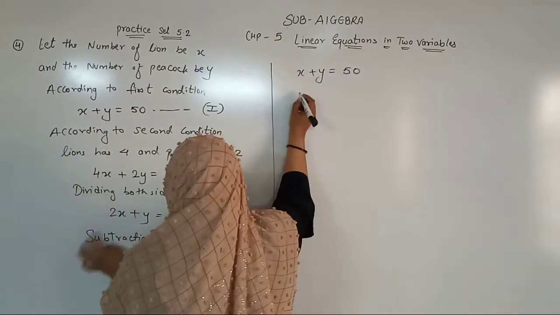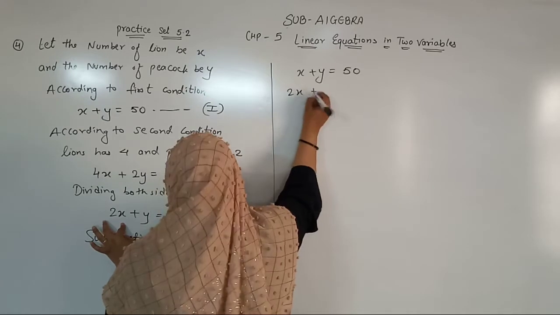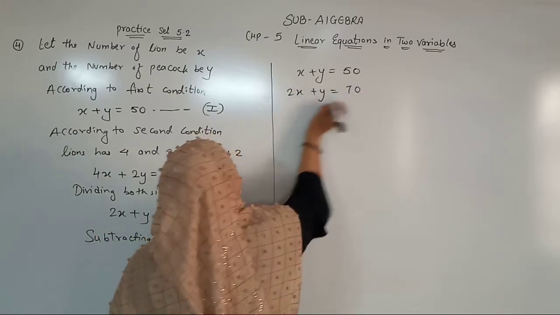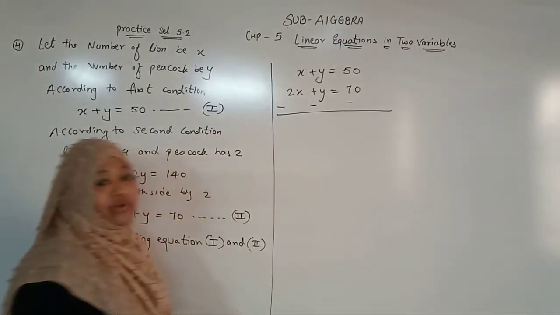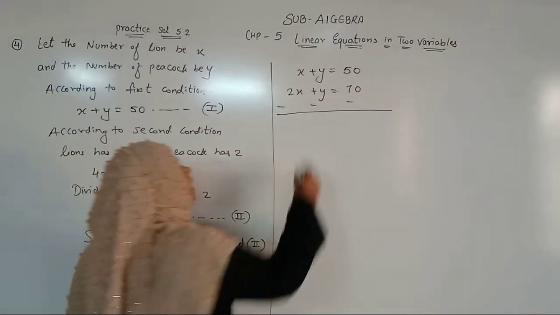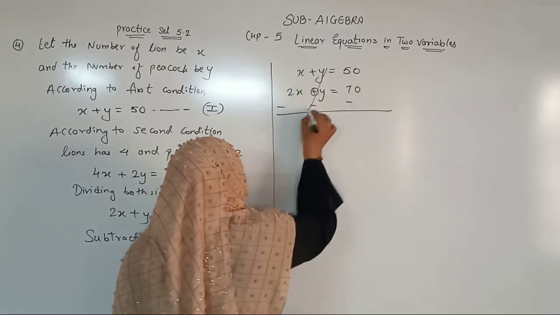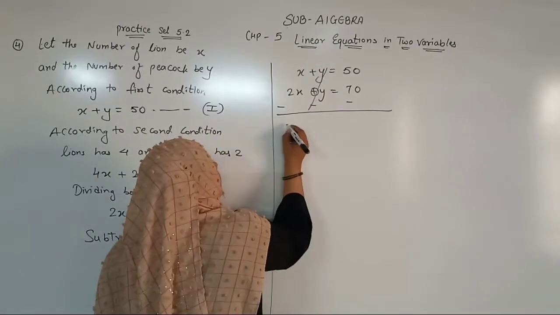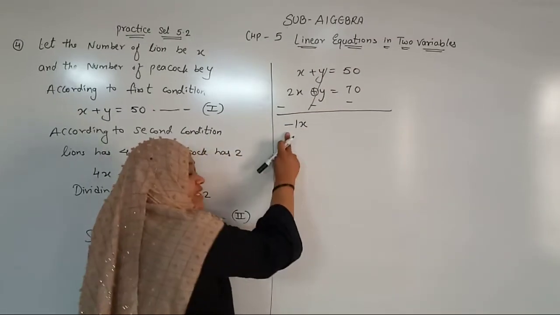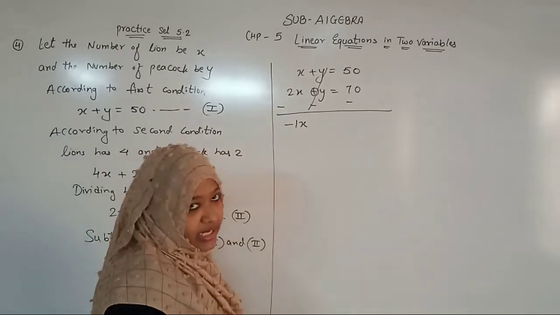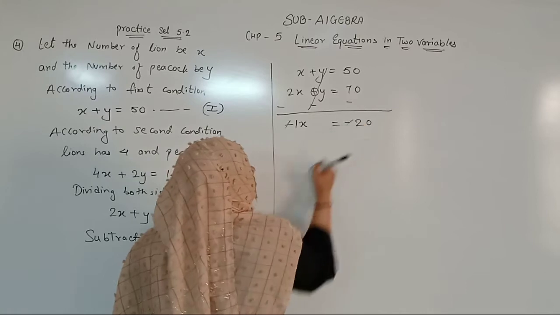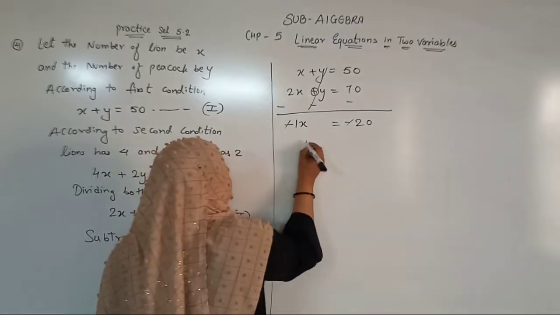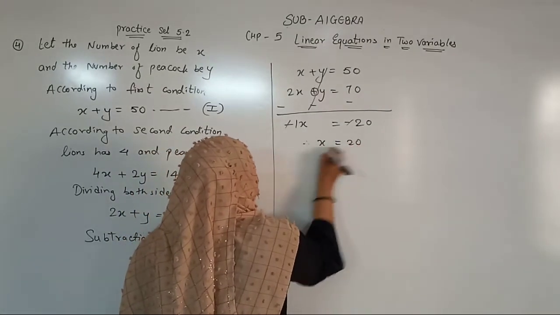My second equation is 2x plus y equals 70. Subtracting, obviously I have to change the sign of the second equation. Done? So plus minus minus. I will get minus x, because the bigger number's sign is minus. Here I will get minus 20, and the minus signs cancel, therefore the value of x equals 20.